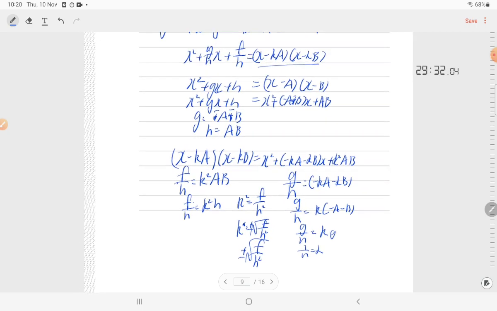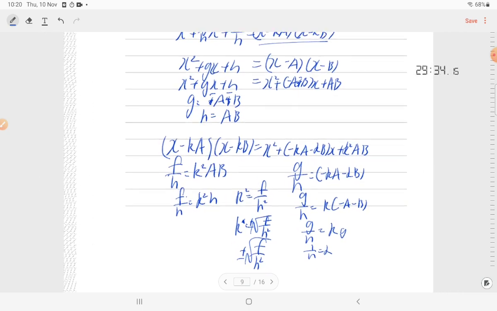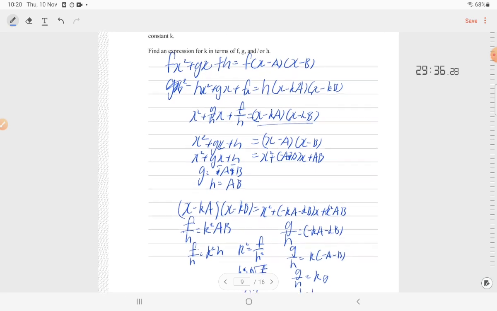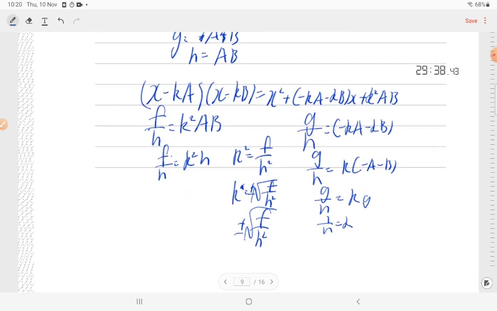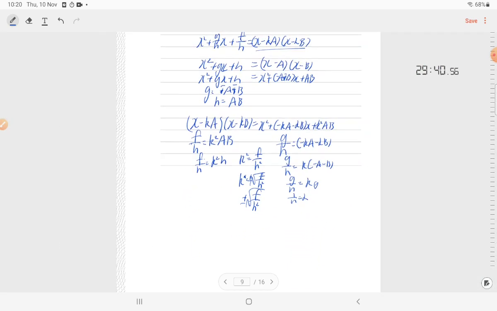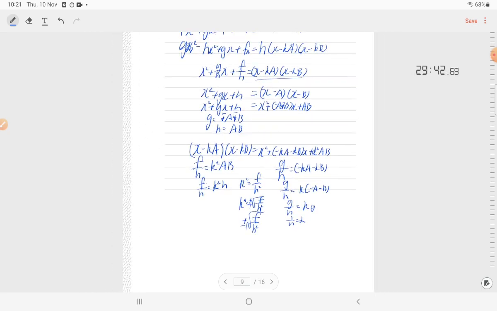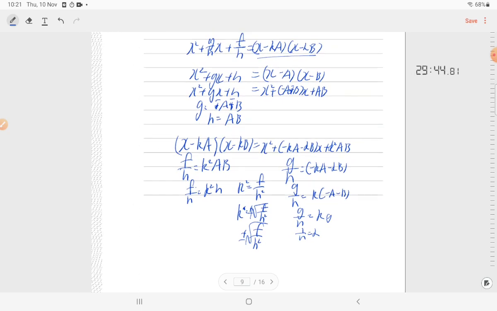Can I replace f with something? Don't have f in terms of something. Actually, can we replace f with one in this case?